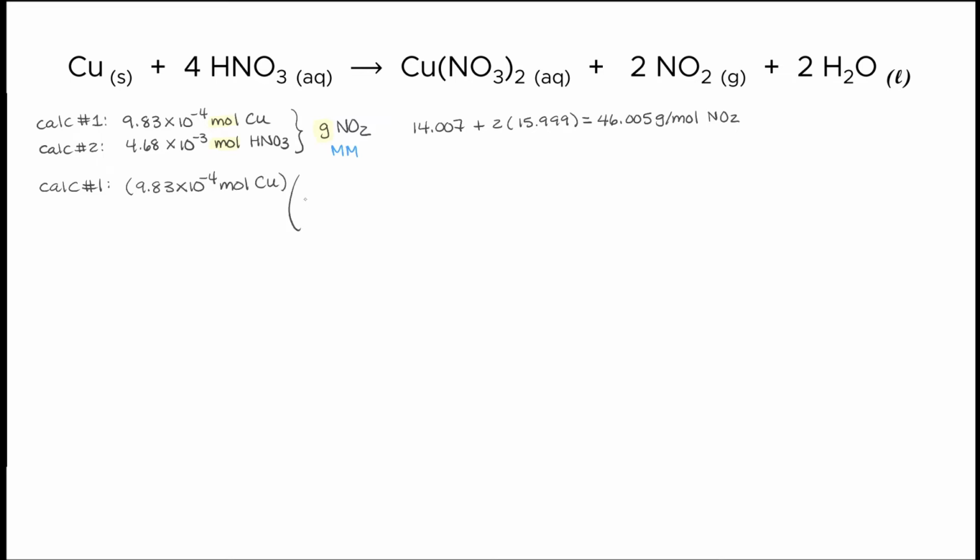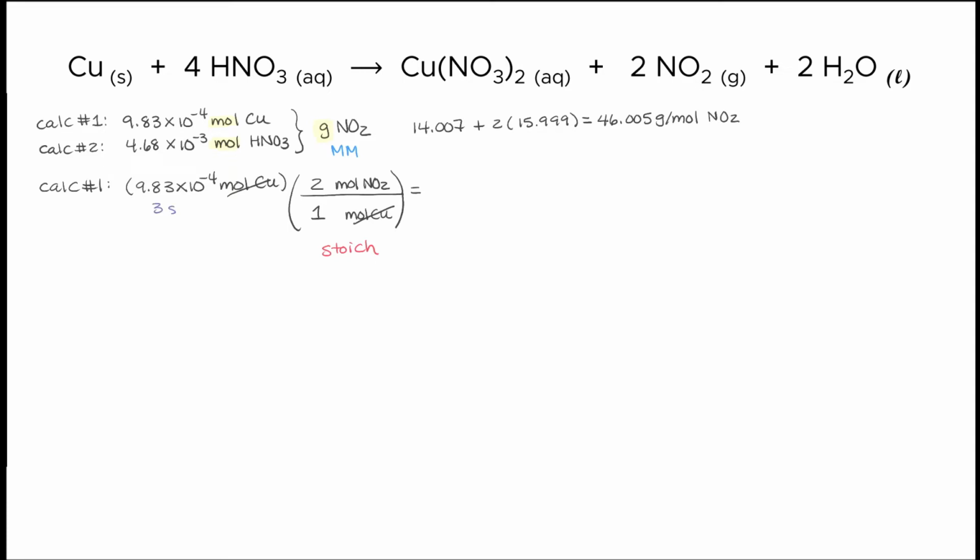We'll set up our Stoich step. We need moles of copper in the denominator, so those units will cancel. That gives us moles of NO2 in the numerator. Getting the values from the balancing coefficients, we have 2 moles of NO2 and 1 mole of copper. We'll cancel our units and check our sig figs.